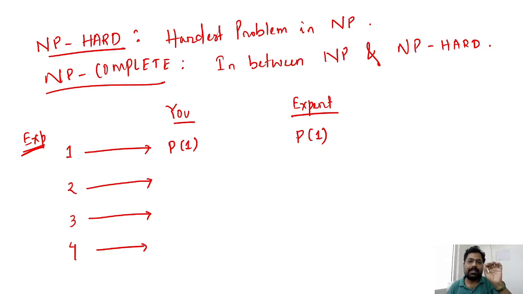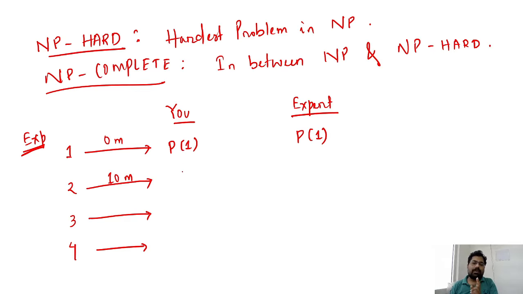Probability 1 means definitely yes. Now suppose the range is 10 meters, here 0 meters, here 10 meters. The target is standing 10 meters far from your location.